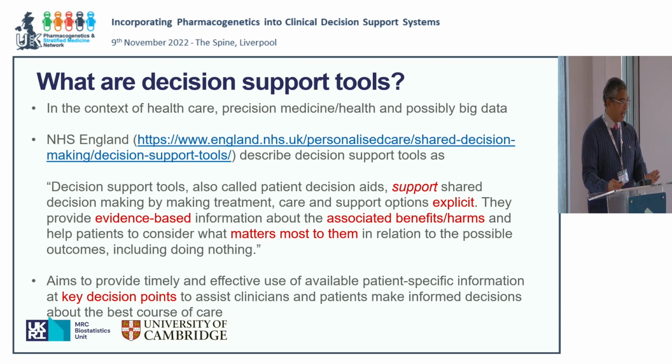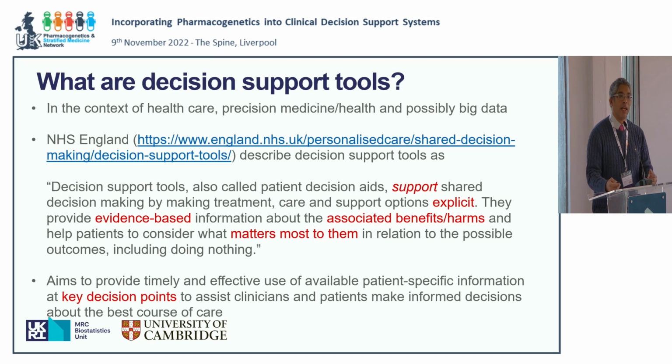By making treatment, care and support options explicit, it needs to be transparent, okay? And these decision support tools should be evidence-based and factor in the benefits as well as the harms of using that decision support tool. And preference is also a key thing. It has to matter to both the clinician and to the patient.